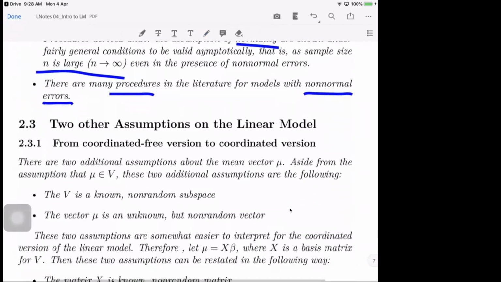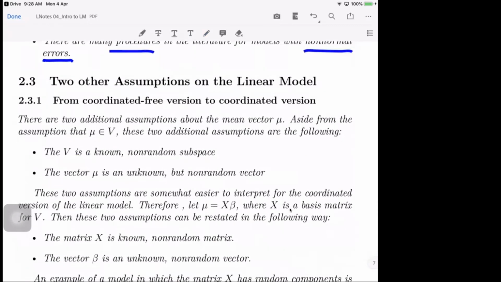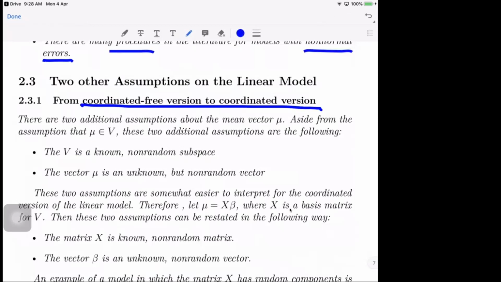So two other assumptions on the linear model, from the coordinate-free version to the coordinatized version of the linear model. Aside from mu being in V, an additional assumption is that V is known, the subspace V must be non-random. Of course, the vector mu is unknown, but it's a non-random vector.